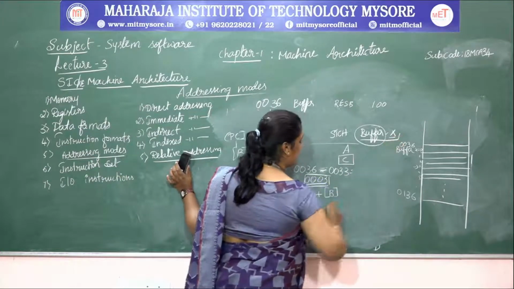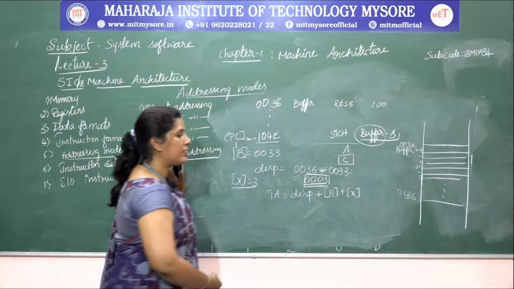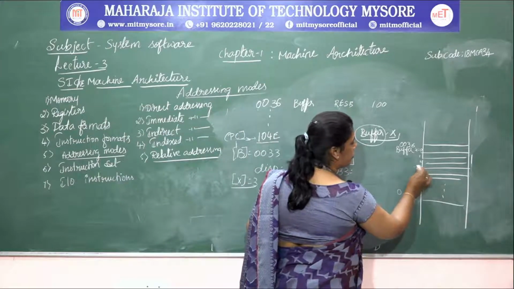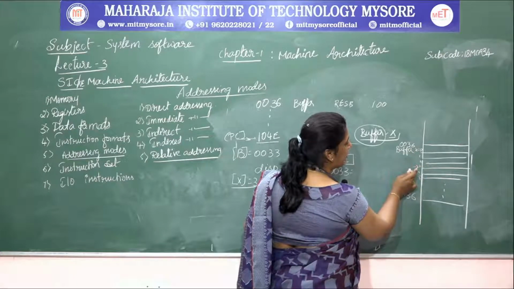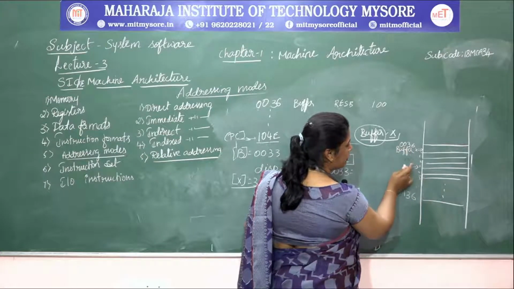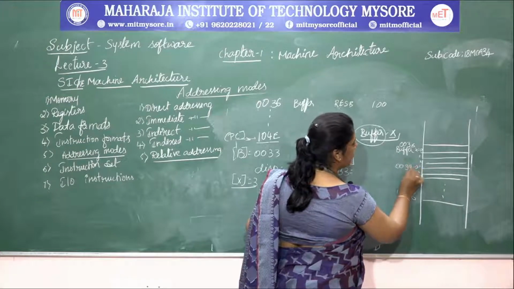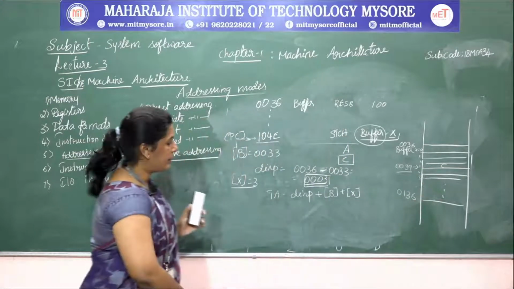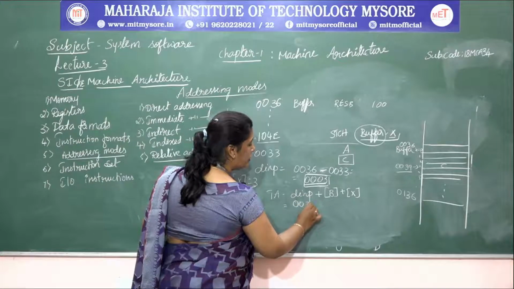Since it is index register mode, we have to consider the content of the index register also. So to this position the character has to be inserted: 0036 plus 3, which is 0039. To the position 0039 the character must be inserted. What is the displacement value? 003.